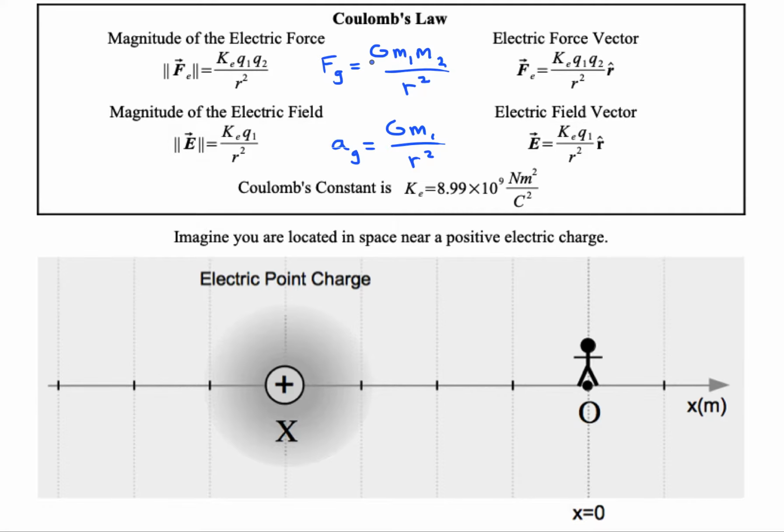Now, whereas the gravitational force uses big G, which is the gravitational constant, Coulomb's law will use a constant called K, and Ke is going to be 8.99 times 10 to the 9 newton meters squared per coulomb squared, whereas G had the units newton meters squared per kilogram squared.